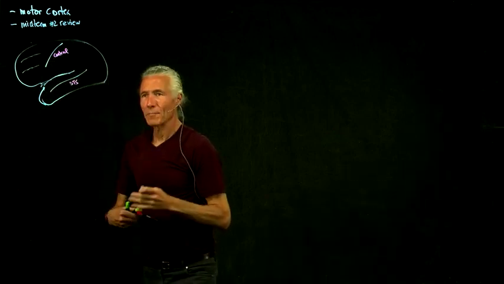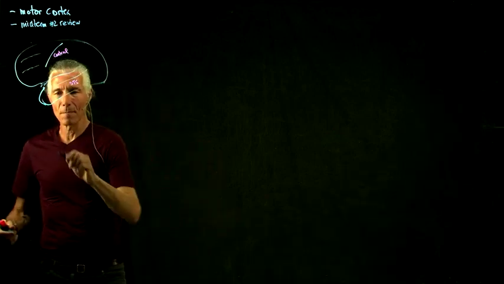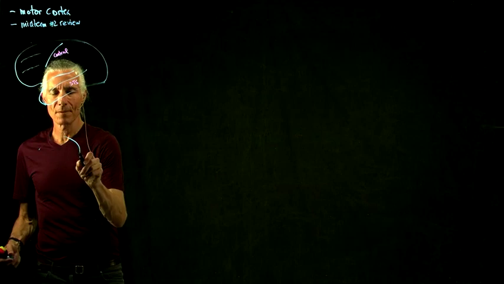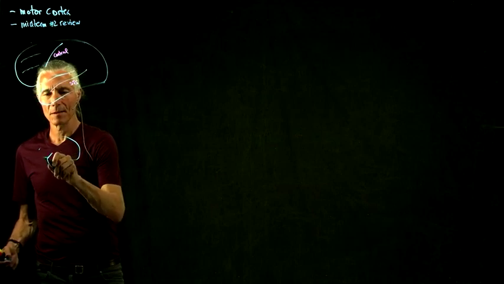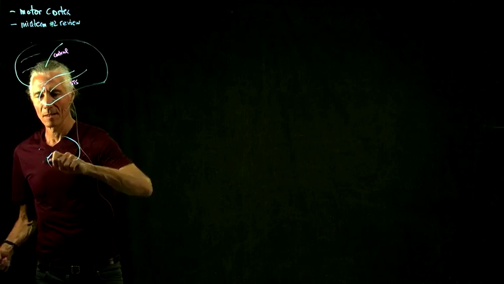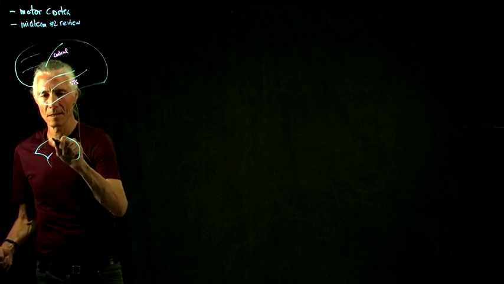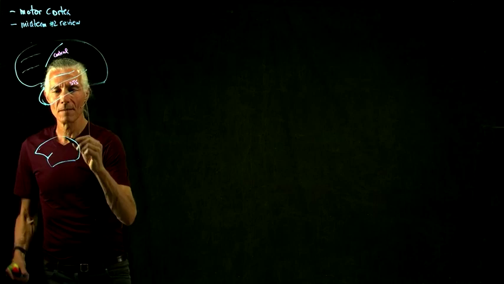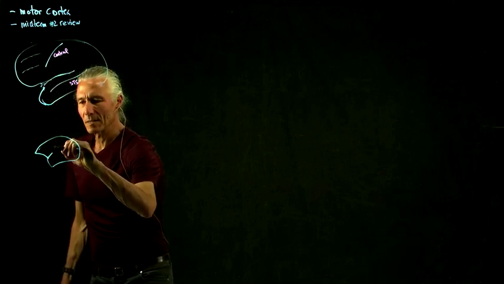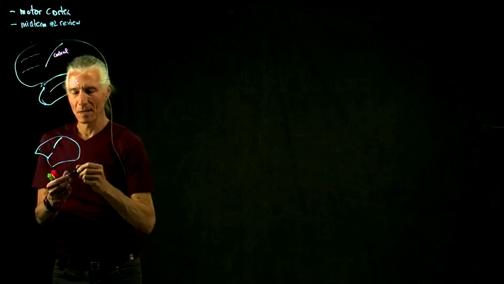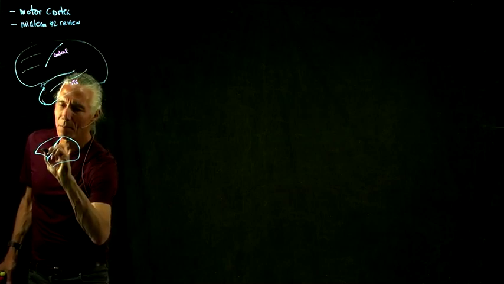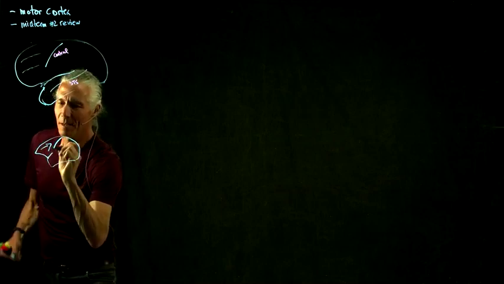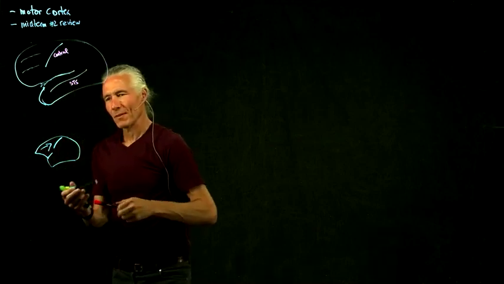And if we look at a macaque monkey, it's a smaller brain. Looks something like this. And there's the central sulcus. And in the frontal sulci, you've got the principal sulcus and the arcuate. Let me just label those.